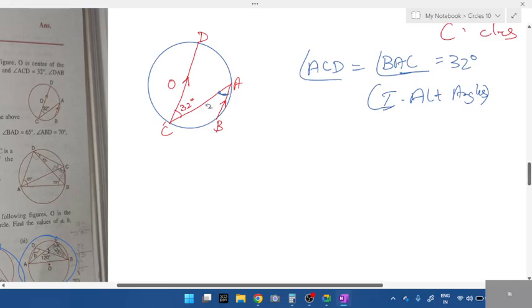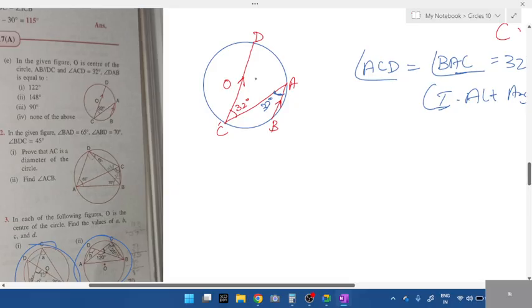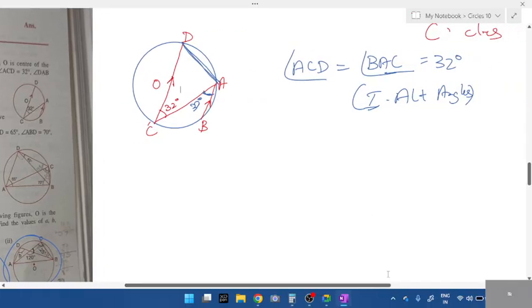Okay, we got this as 32 degrees, students. What do we need to find here? Angle DAB. This angle. What else is given here?